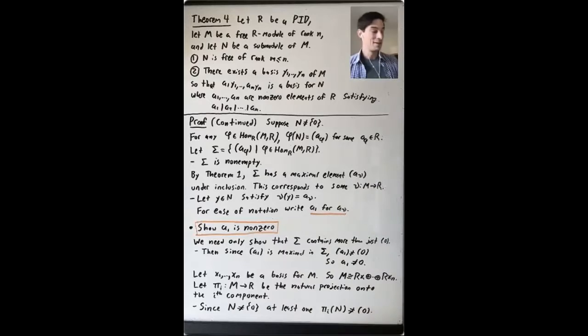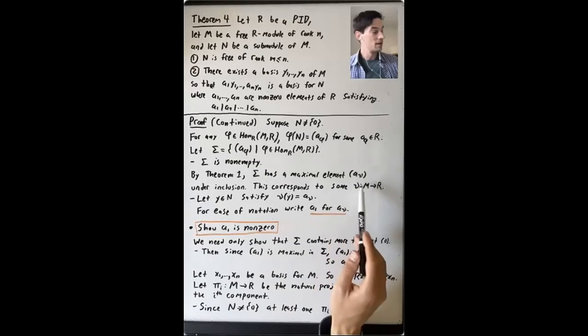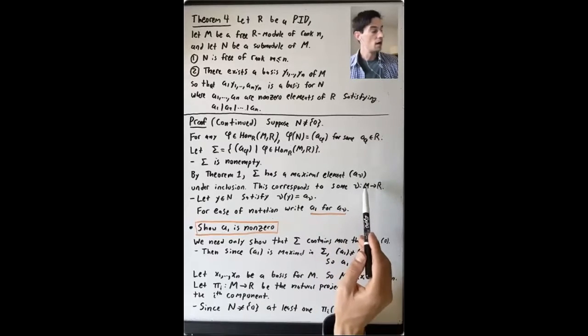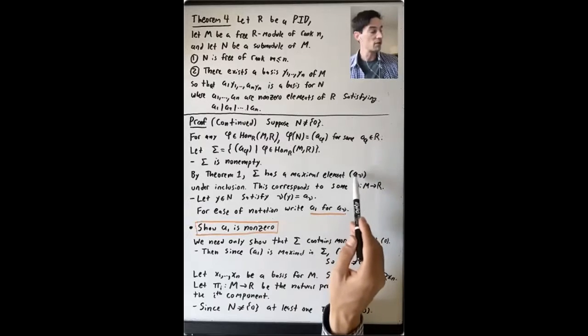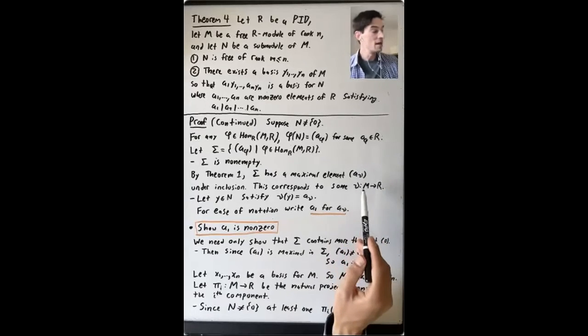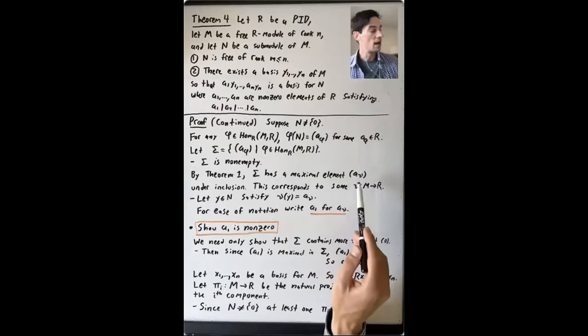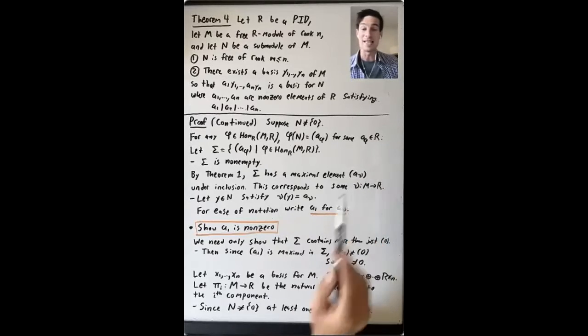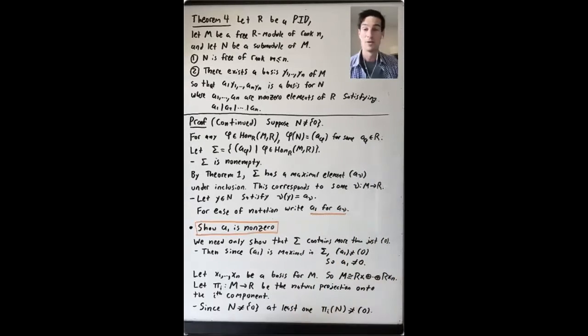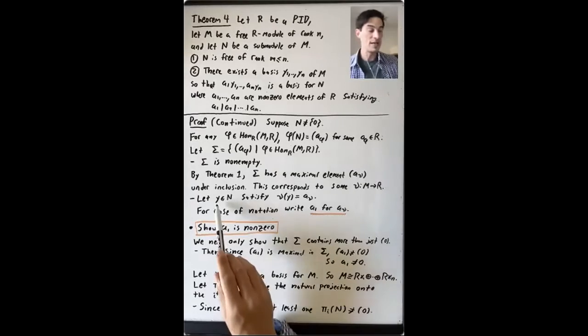All right, so if nu of N is the ideal generated by a_nu, then in particular, a_nu, this ring element, is in the image of nu restricted to N. So we name that element.